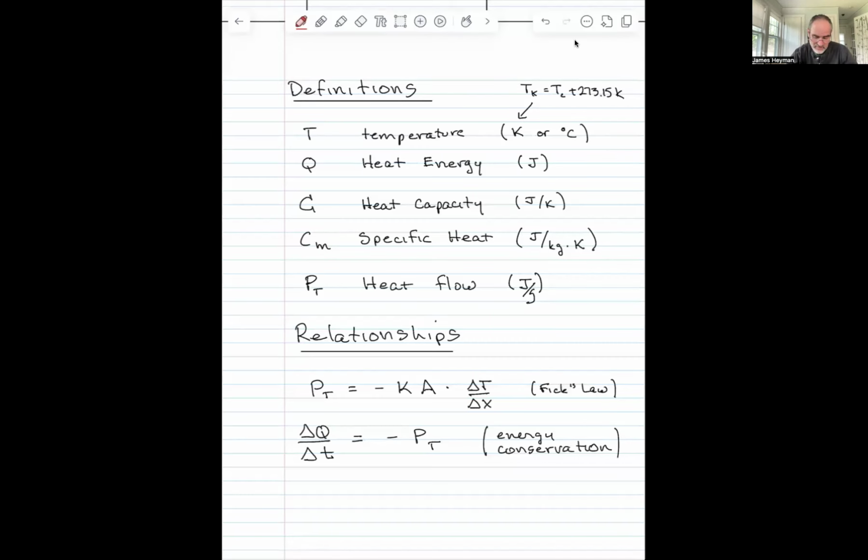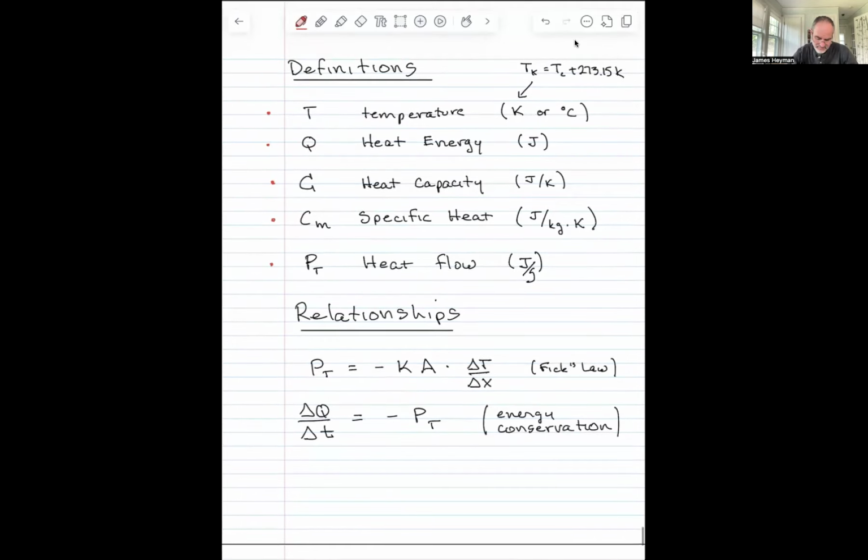First, just remember what we've established. We defined these different variables: temperature, heat energy, heat capacity, and heat flow. And then we wrote down some relationships between these things. The first, called Fick's law, tells us how much heat flows when we have a temperature difference between two objects or two places in space.